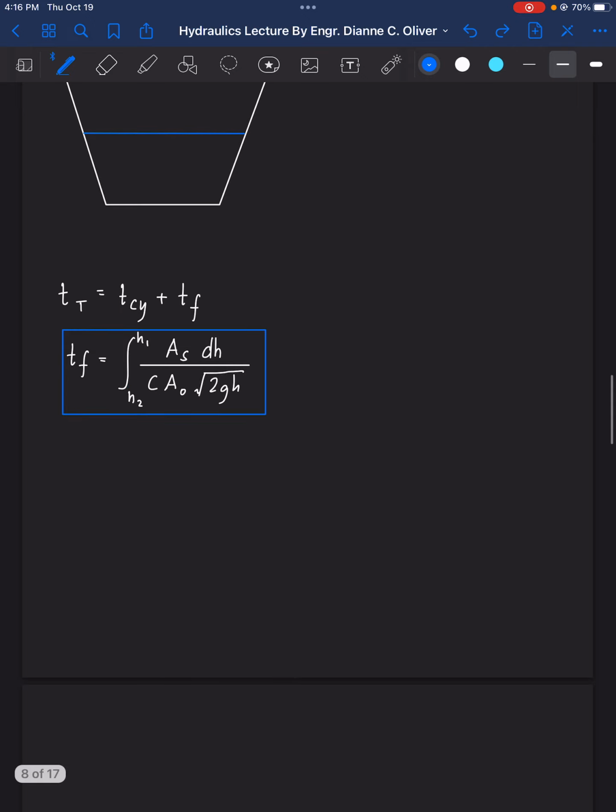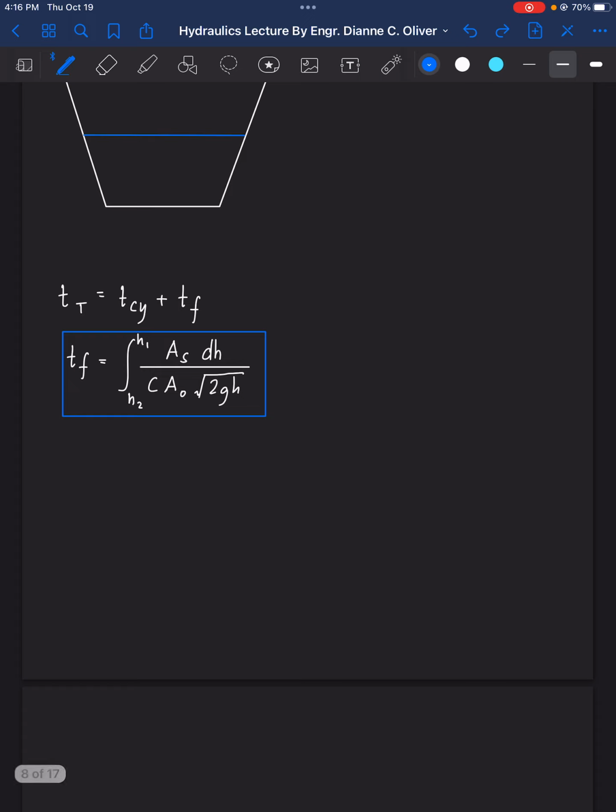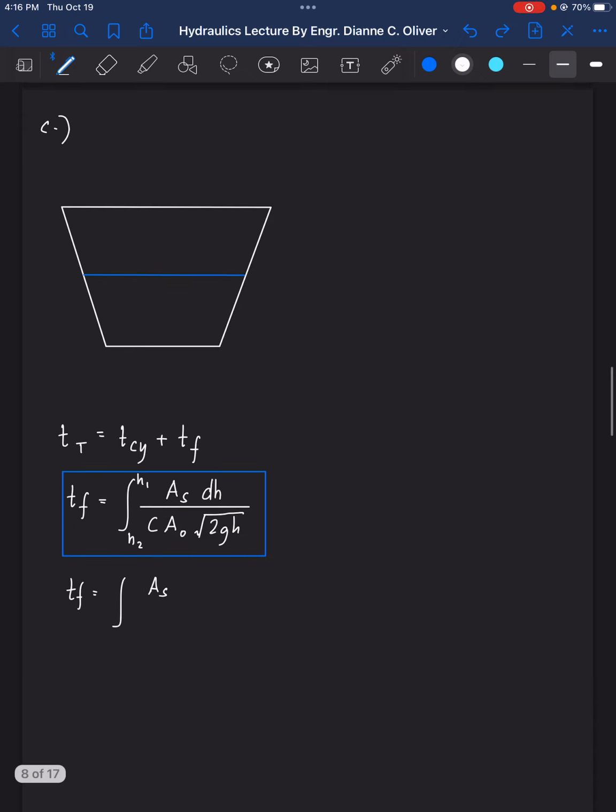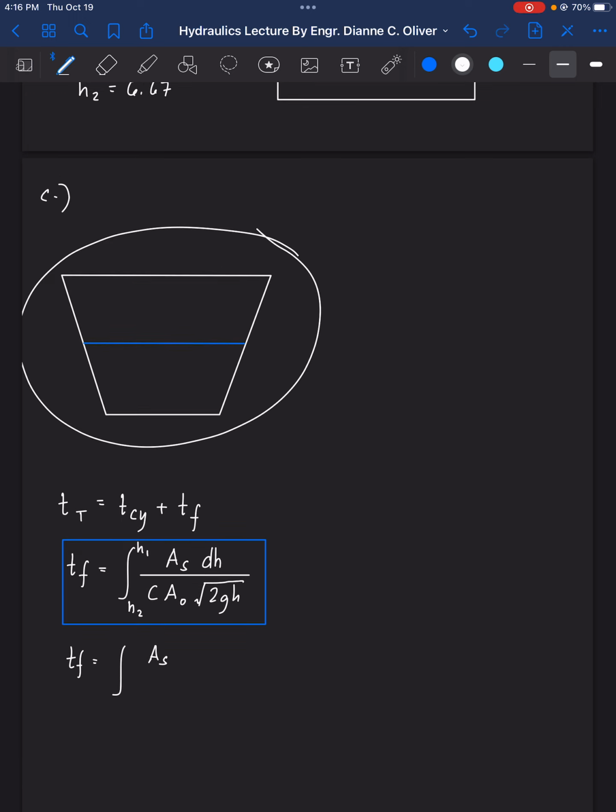So what we're going to do here is that our TF is equal to the integral of the area of the surface, which is our challenge because it's changing, right? So it is changing, and then we need to put something variable here in order to solve for AH. This is what we're going to do here.